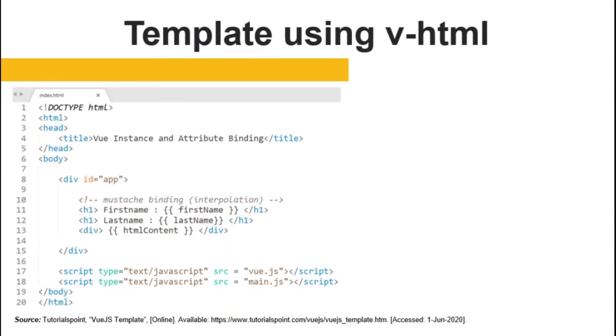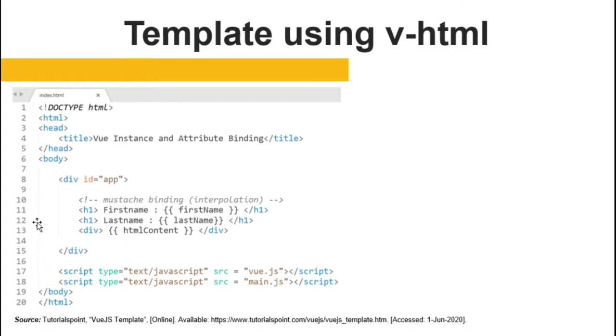Template using v-html. We have learned in the previous topic how to get an output in the form of text content on the screen. In this topic, we will learn how to get an output in the form of HTML template on the screen. To understand this, let us consider an example and see the output in the browser. So as you can see in the slide, we have the following code structure for our HTML.